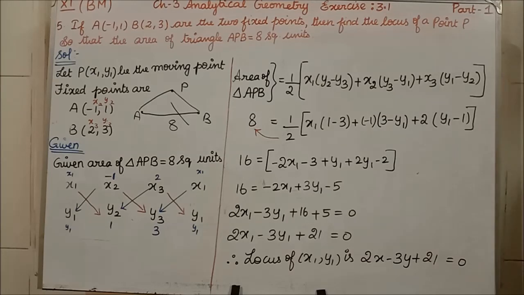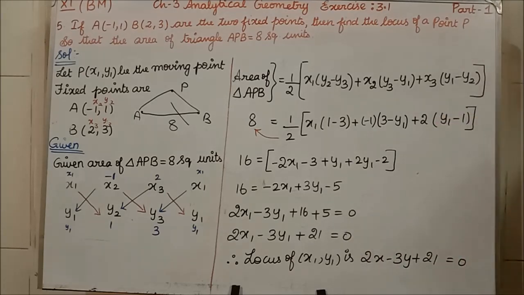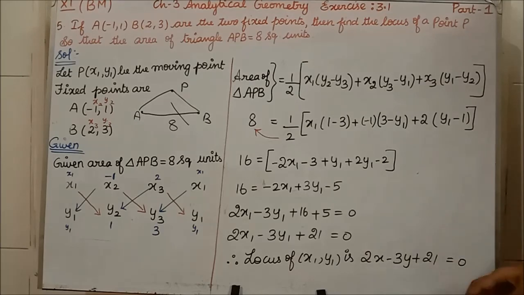Clear? What they are asking is the locus of point P. So you have to write the same equation but without x1 and y1. Therefore the locus of (x1, y1) is 2x - 3y + 21 = 0.